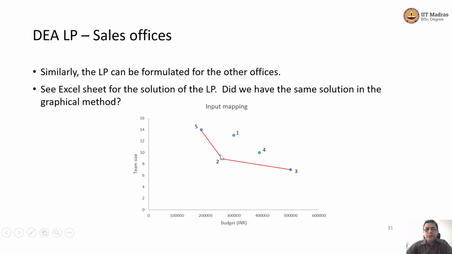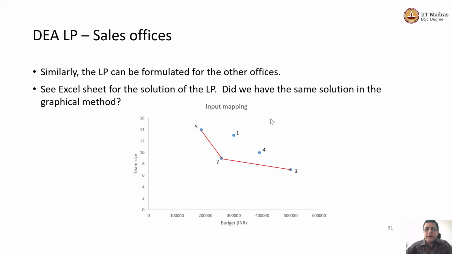So 5, 2 and 3 were on the efficiency envelope, 1 and 4 were not. So obviously we got the same solution. Actually, the way we plotted the graphical output was based on the DEA analysis, so they have to match. At that time we showed you simply a graphical interpretation of the way we had drawn the frontier.